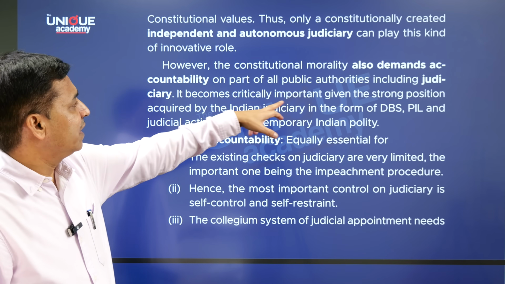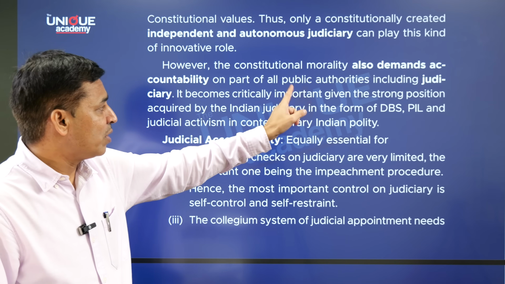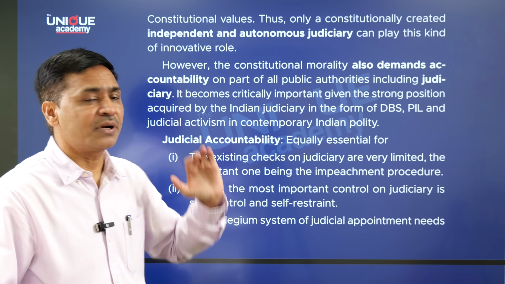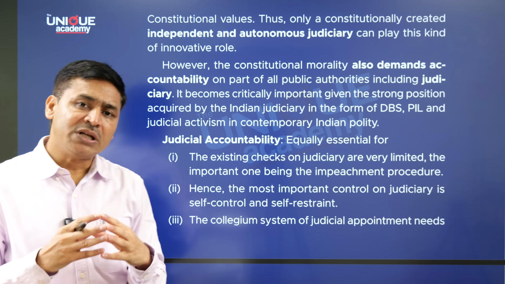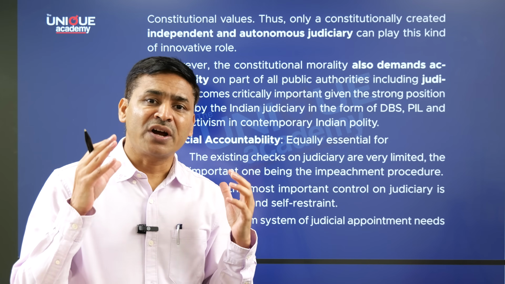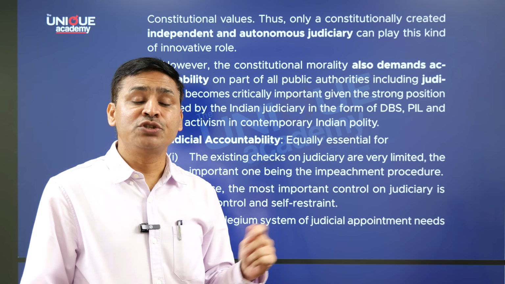It becomes critically important given the strong position acquired by the Indian judiciary in the form of the doctrine of basic structure, public interest litigations, and judicial activism in contemporary Indian polity. There is no doubt that the Indian judiciary has emerged as one of the strongest judiciaries, undoubtedly, due to these means and instrumentalities.